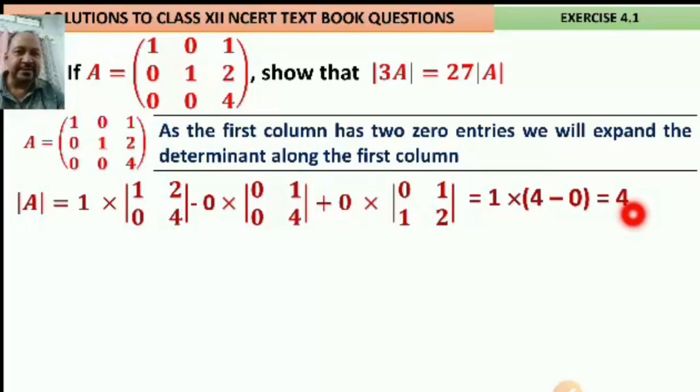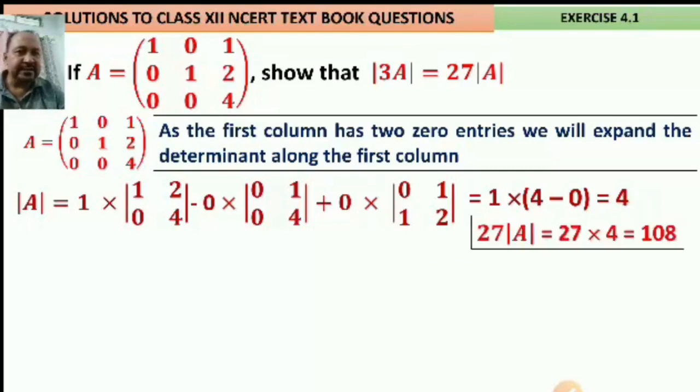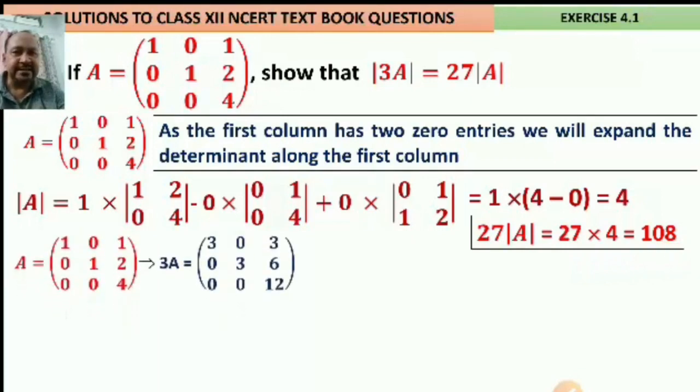So the value of determinant A is 4, and 27 times determinant A gives you 108. It is the right side. Now solve the left side also.